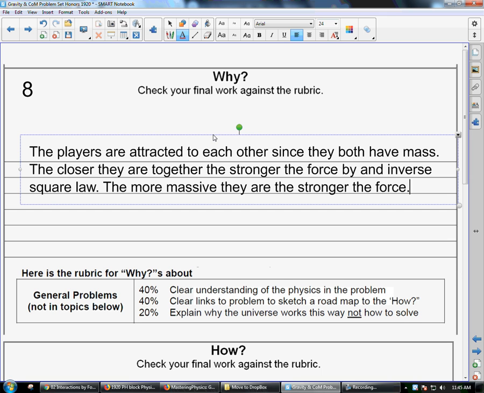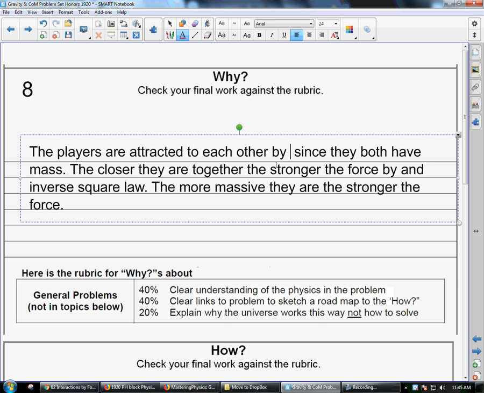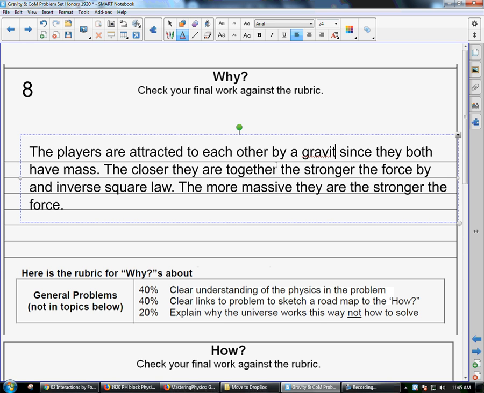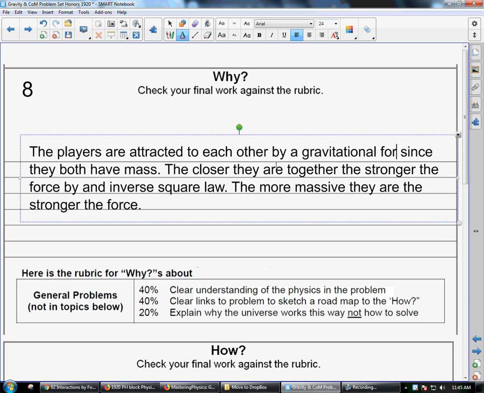Well, let's see how I did on my rubric. Clear understanding of the physics of the problem. If I was reading this, I'd say, okay, they understand players attract each other. I might want to add in here a gravitational force, since they both have mass. So I know it's their masses creating that force, and it's a gravitational force.